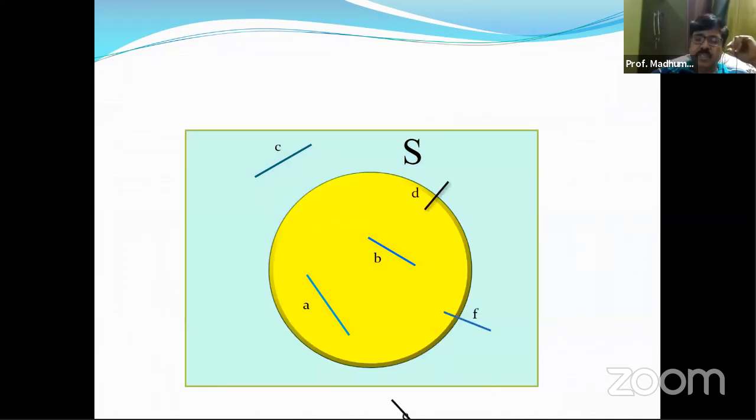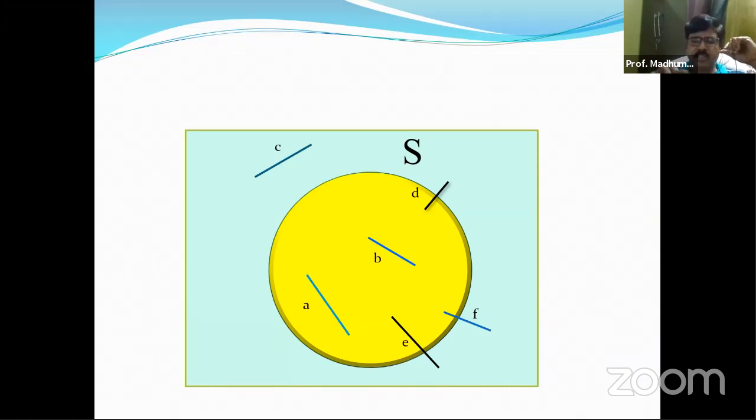So similarly, we consider other elements, say A, B, like that. For convenience, we consider that 50% of the line segment D is inside the set and 50% is outside the set. For line segment F, 25% is inside the set and the remaining 75% is outside the set. And for the line segment E, 75% is inside the set and 25% outside the set.